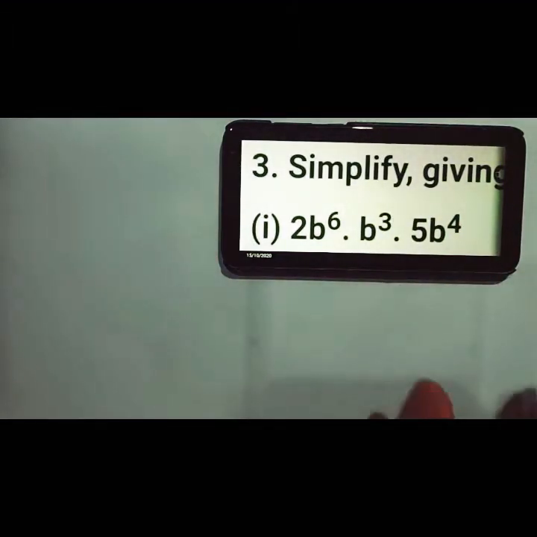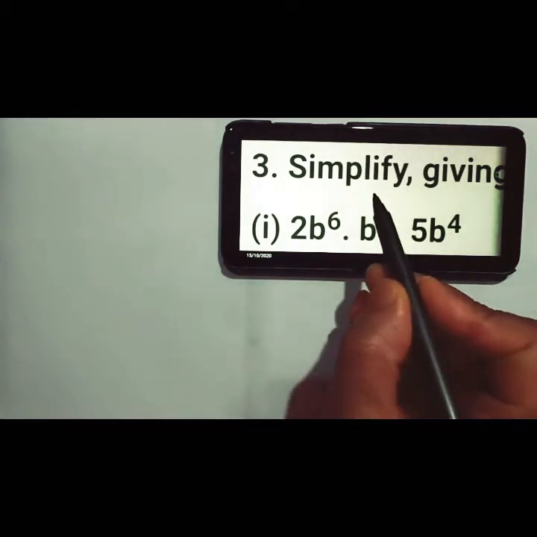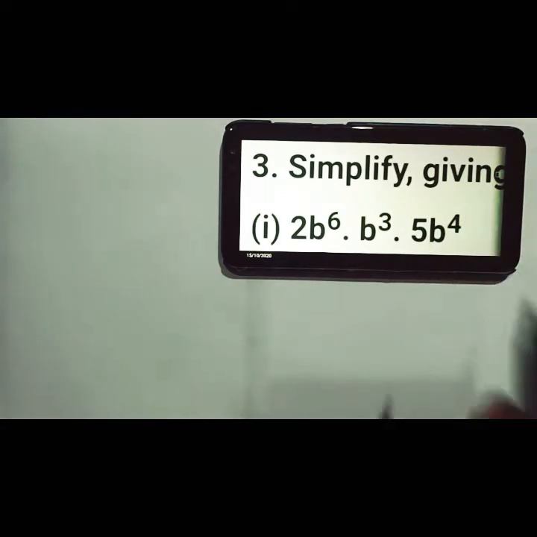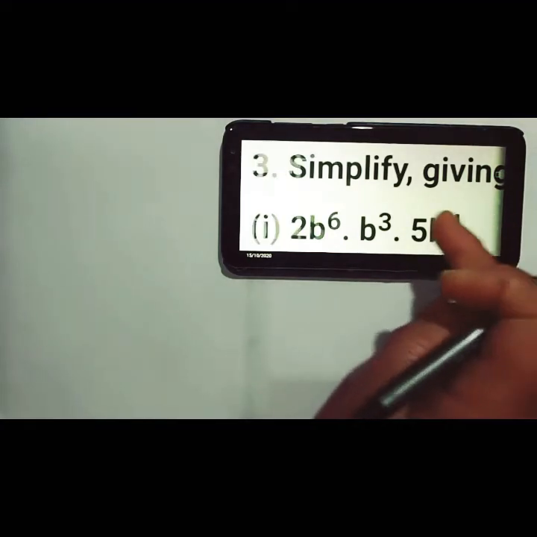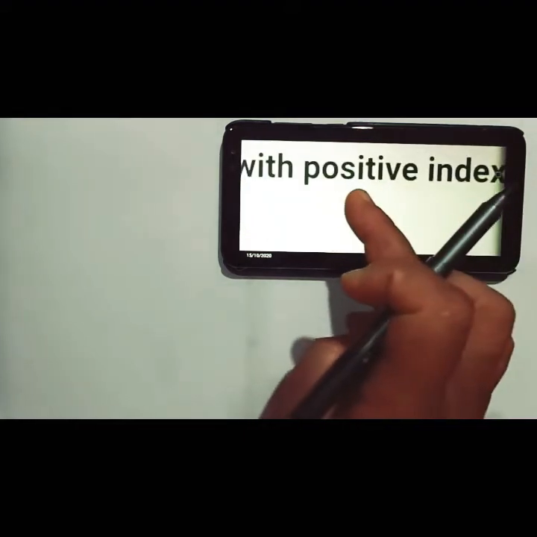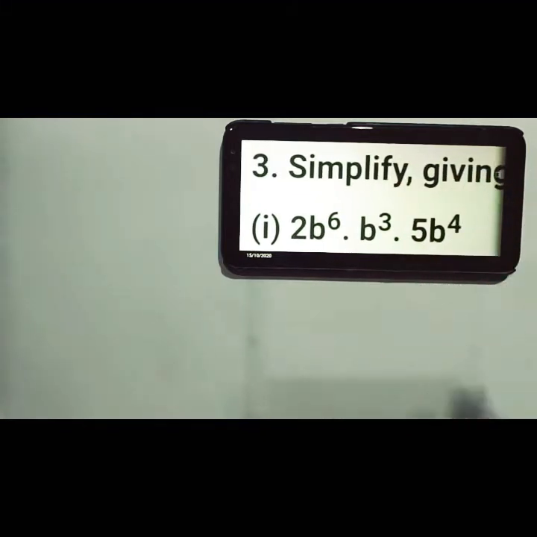They say that whatever the form is, after solving, after simplifying, or you can say after reducing into its lowest, simplest form, leave your answers in the positive index. Therefore, let's start.